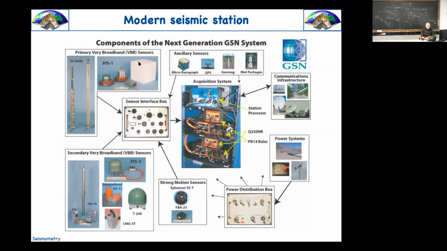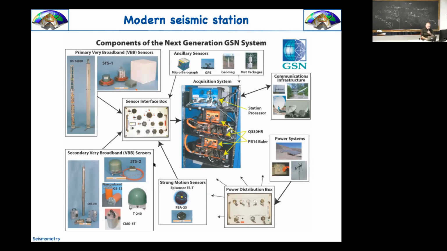And when you look at BB or VBB, it means broadband or very broadband. So the romantic vision of the WWSSN with those triplets of long periods or shorter periods, now actually they are replaced with sensors that are VBB, like these ones. And this means a flat response.